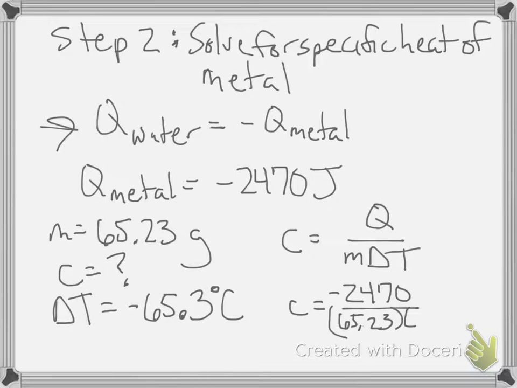Sorry about the decimal points, it's a little hard with the stylus. Now, the specific heat should always be a positive number because that signifies the amount of energy we have to put into a system to raise its temperature.